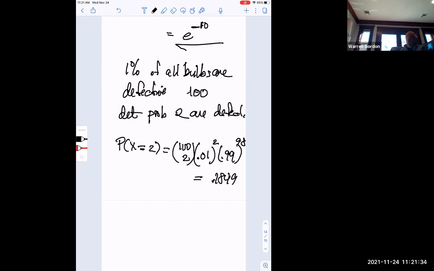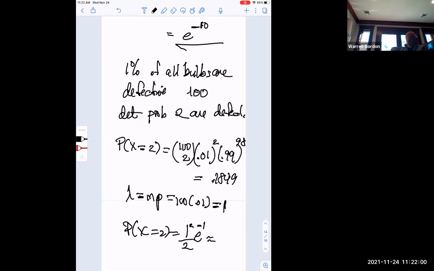However, if we have lambda equal n times p, which is 100 times 0.01, which is 1, and we use a Poisson distribution, we get 1 squared over 2, e to the minus 1, and the answer turns out to be 0.1839.